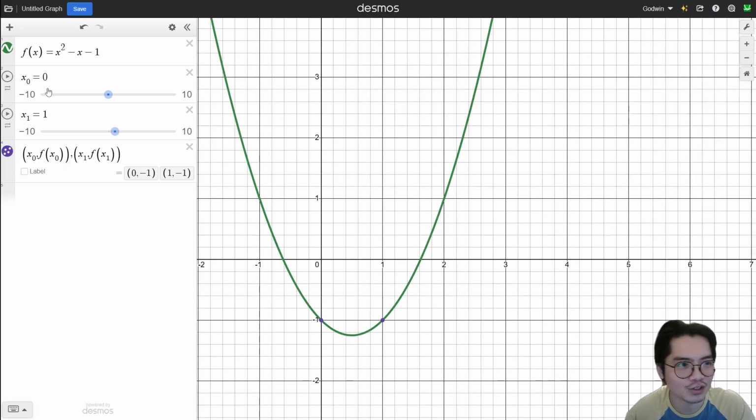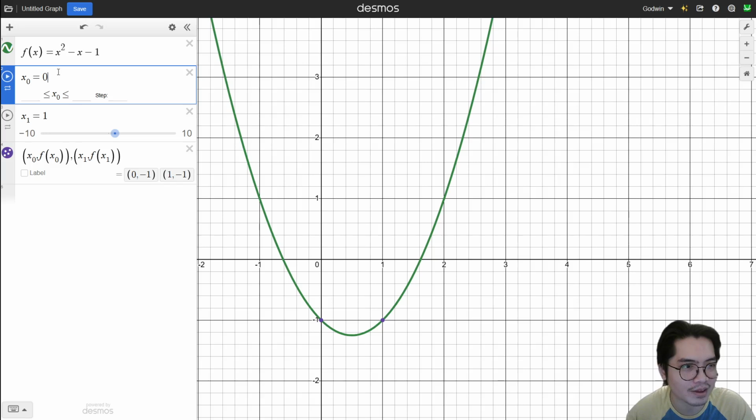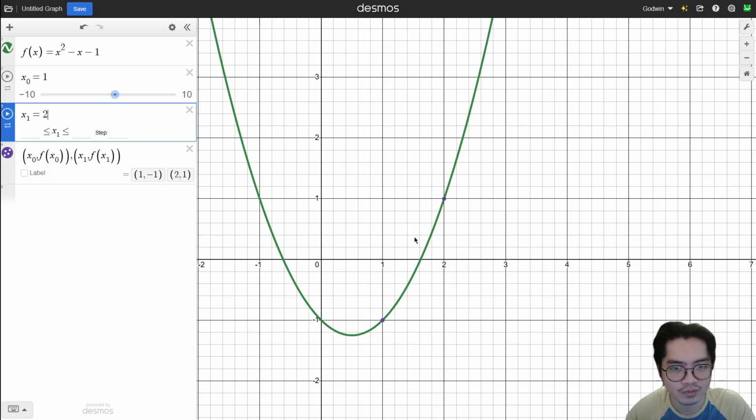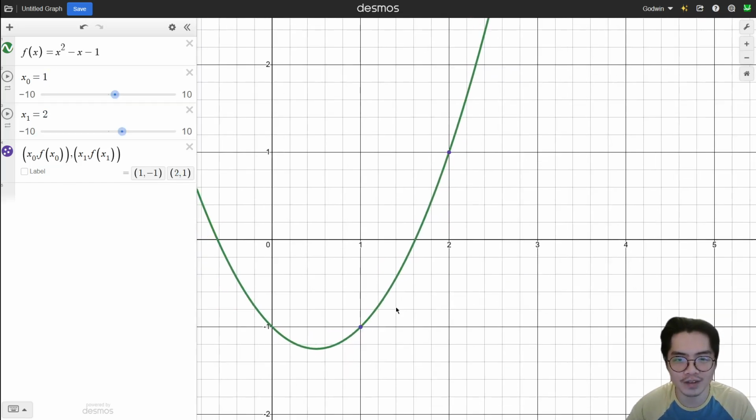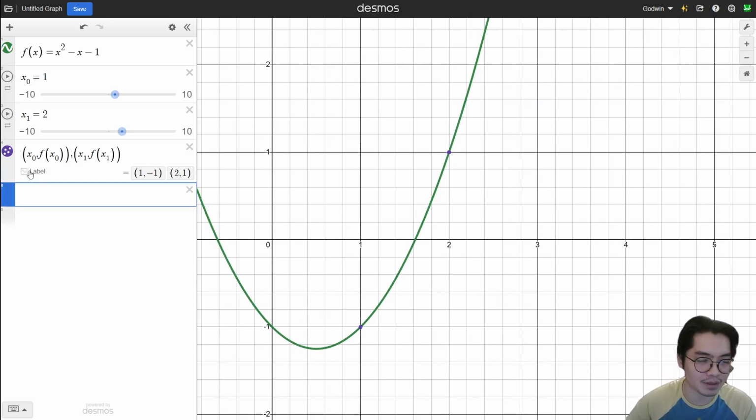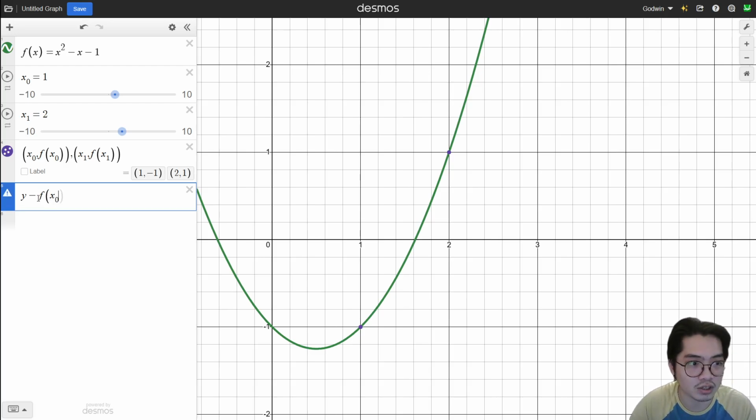Maybe let's try out 1 and 2. There you go. We're going to have a line between them, right? How are we going to do this in a smart fashion? Well, what I can just do, I suppose, is get y minus f of x0.